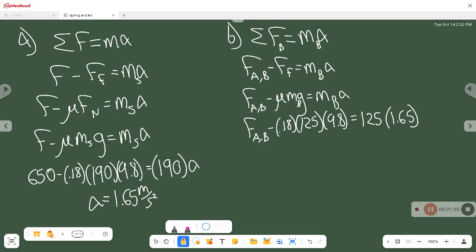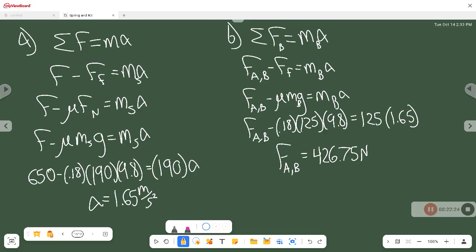I'm going to add this product over there, and I'm going to get a force from A on B equal to 426.75 newtons. Okay, all right, so that is the force between each of those boxes. It is the force from A on B as well as the force from B on A.